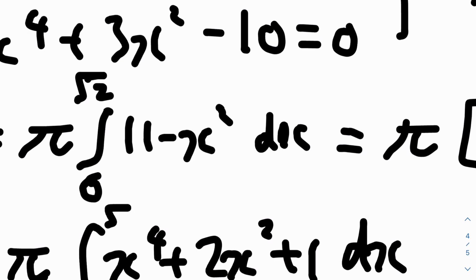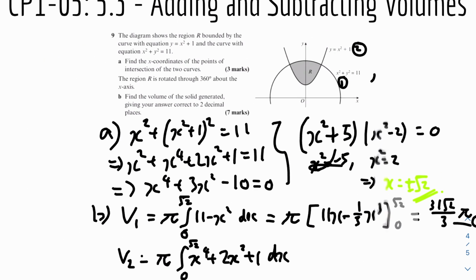Now we just integrate it. It'll be pi times a fifth x to the power 5, plus 2 over 3 x cubed, plus x, from x equals 0 to x equals root 2.